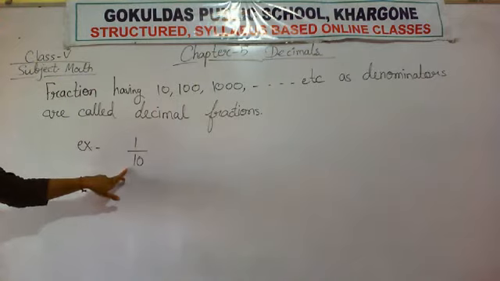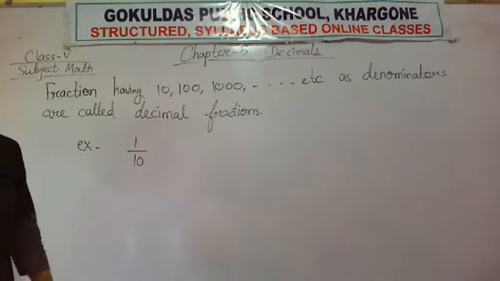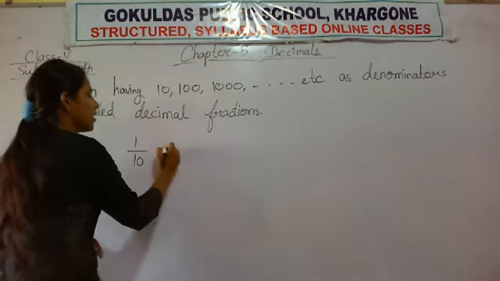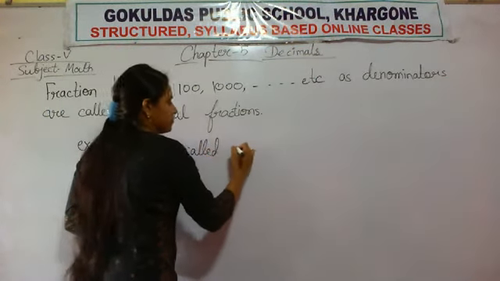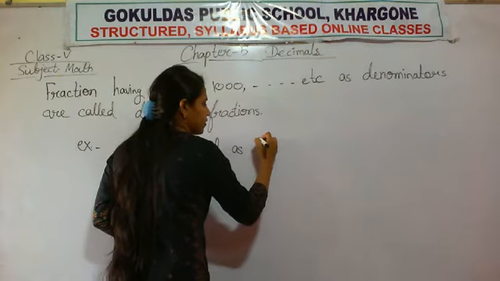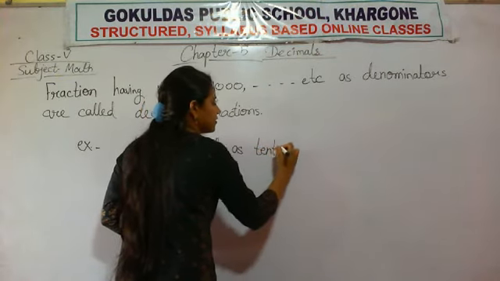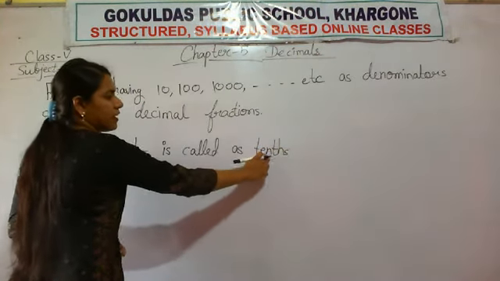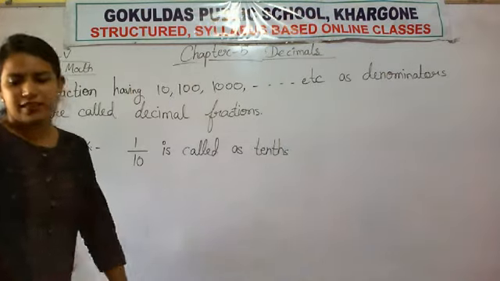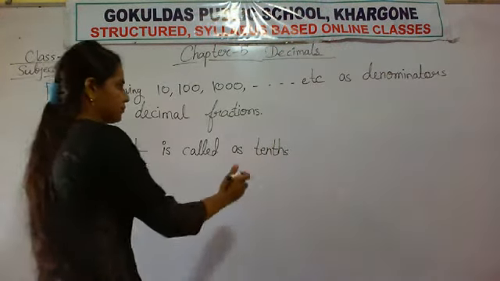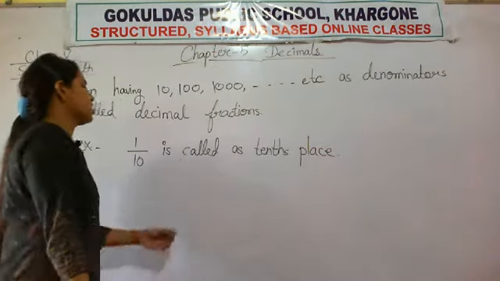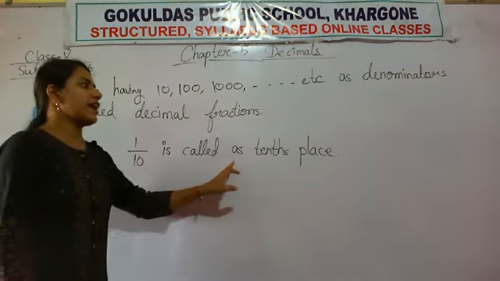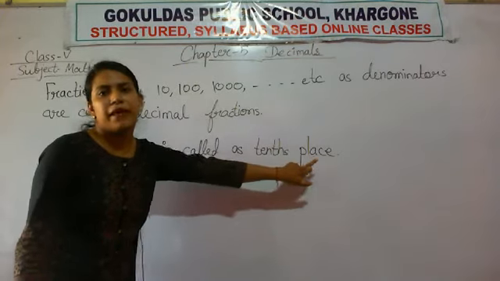So 1 upon 10 is called tenths, T-E-N-T-H-S, tenths place. 1 upon 10 is called the tenths place.